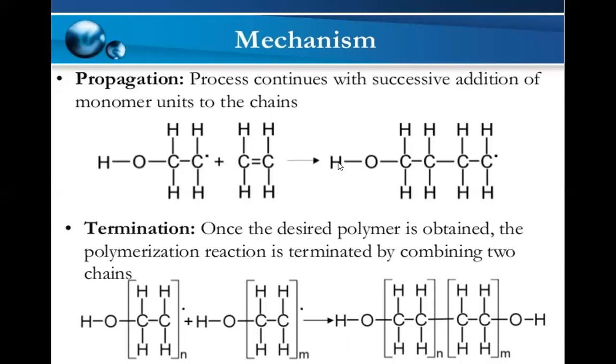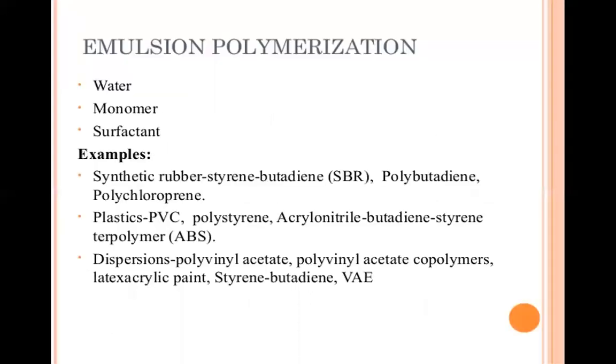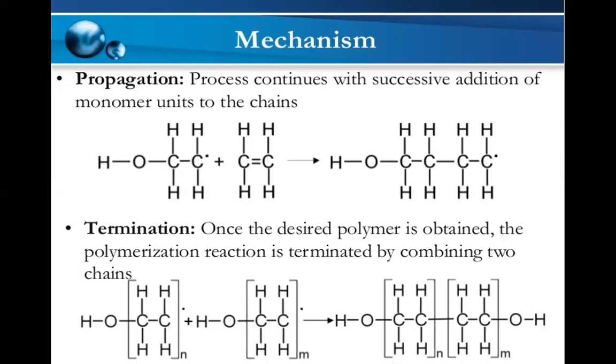We take one propagating chain and another propagating chain as N and M. These two combine together to form another long polymer chain. So this is about the mechanism of polymerization.